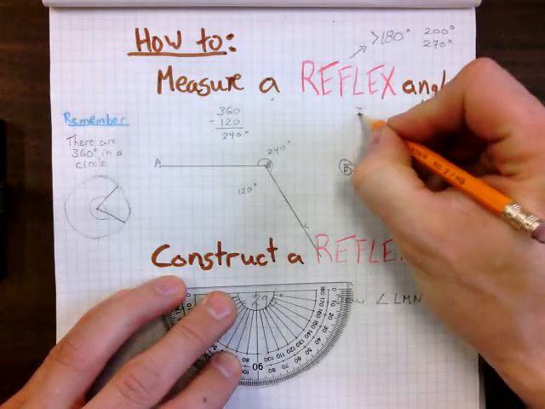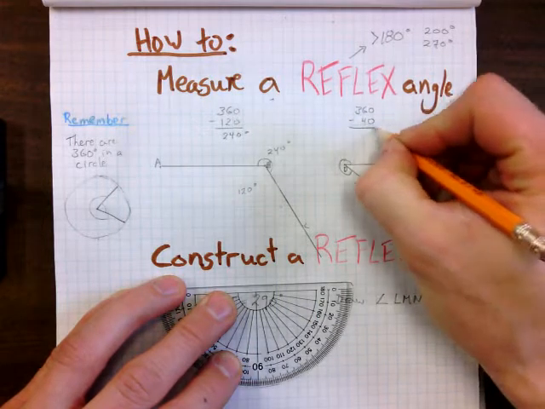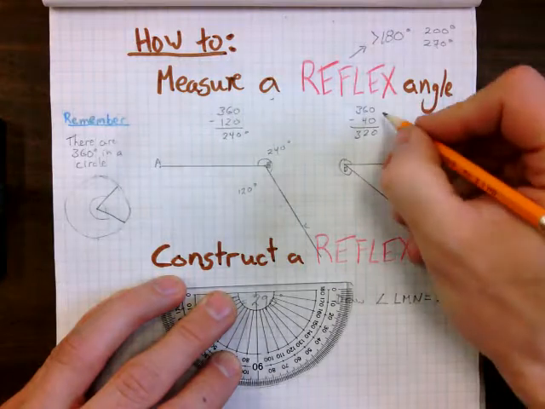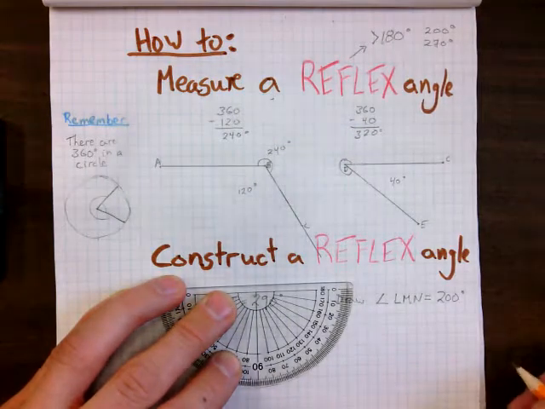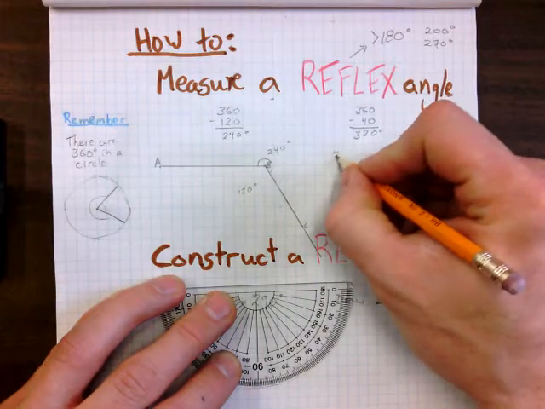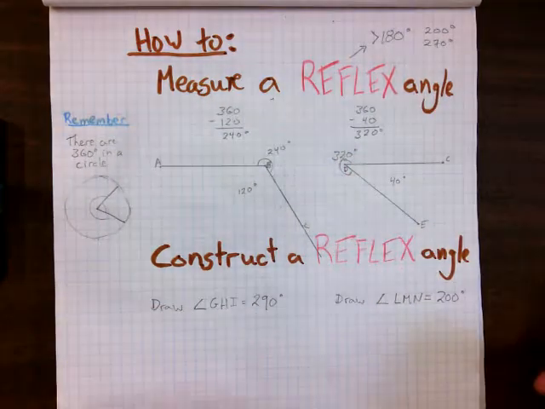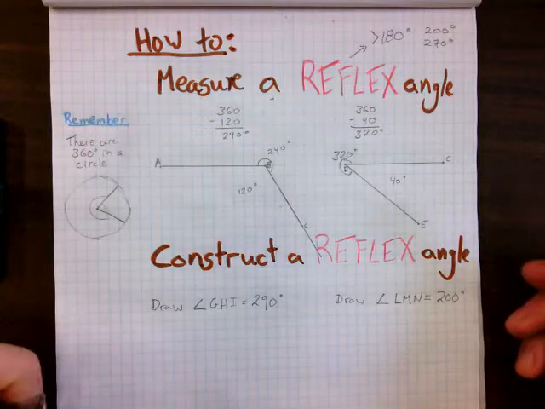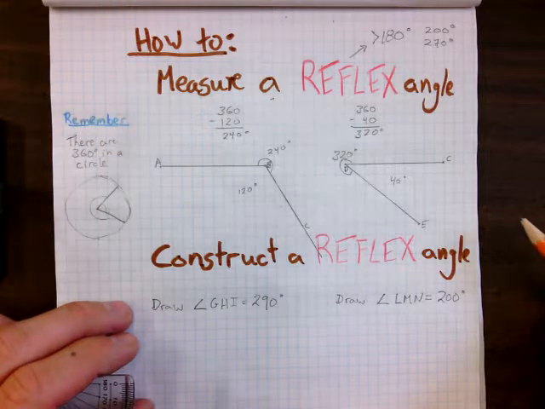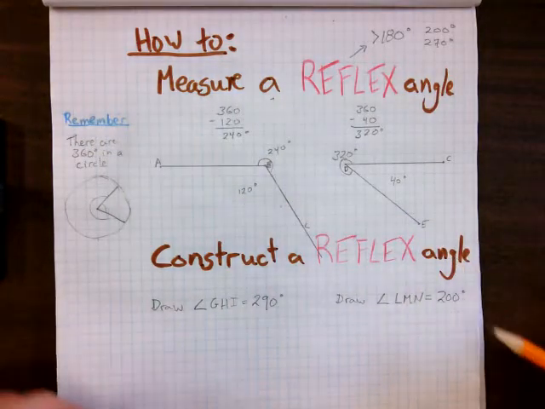So to figure out the outside, I simply subtract from 360. Giving me 320. So angle CDE here is 320 degrees on the outside. To check your work, you make sure that they add up to 360. 320 plus 40 equals 360. 240 plus 120 equals 360.